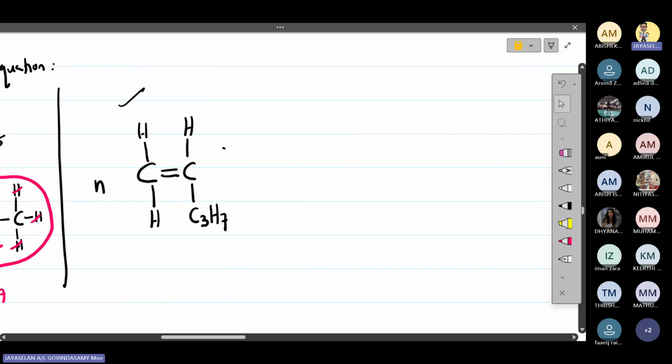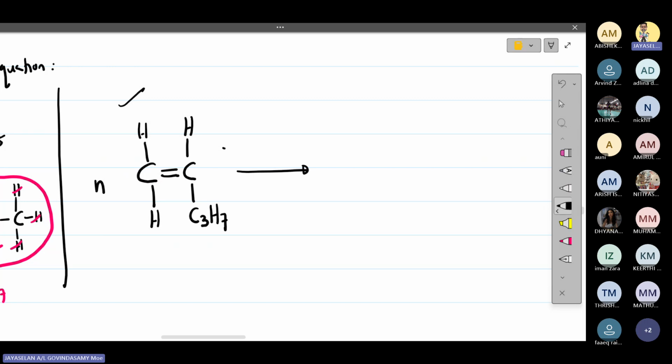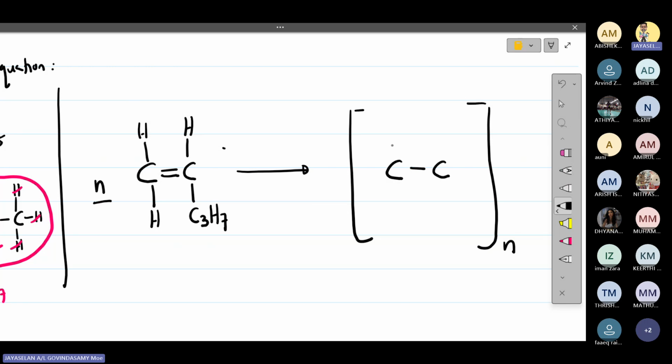Once you already do this, in addition polymerization a lot of monomers combine together and form a long chain. You no need to show the long chain. Just open bracket, close bracket, take this end, put at the bottom, draw the same structure but the double bond breaks, make it single bond.